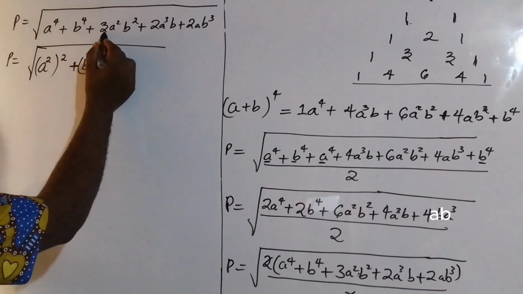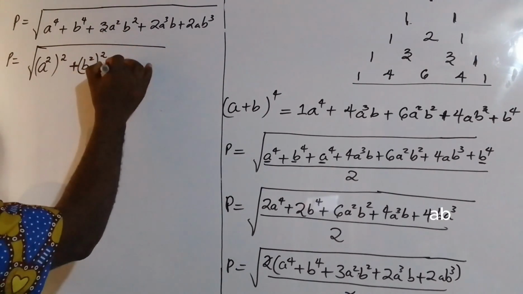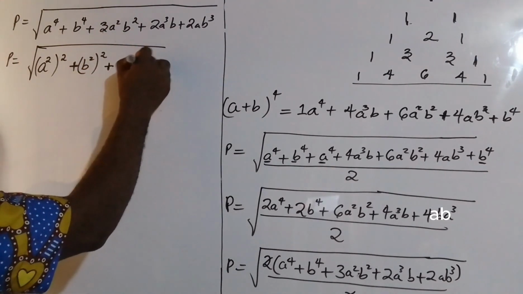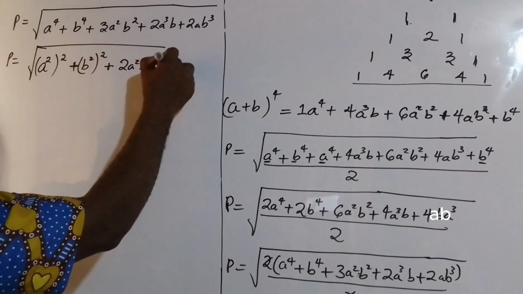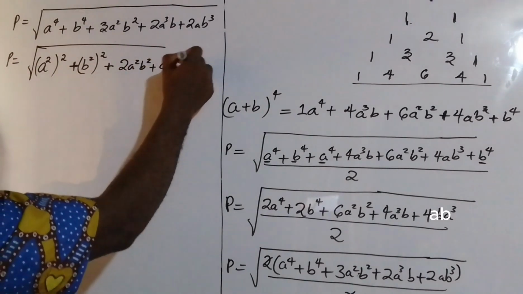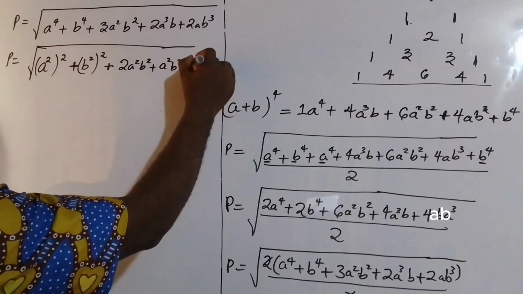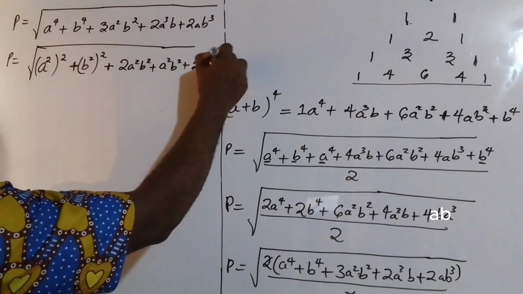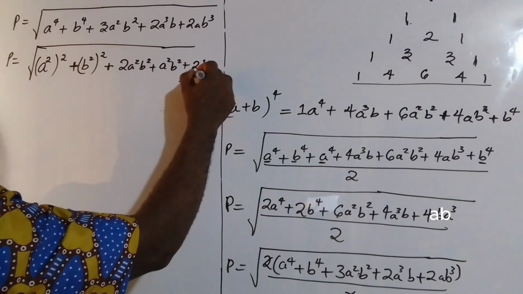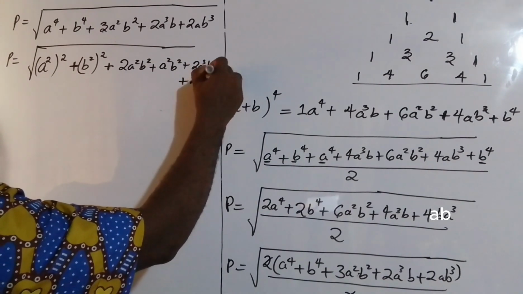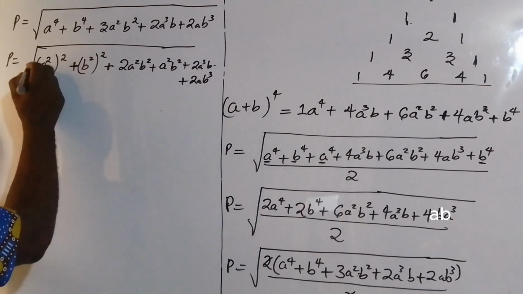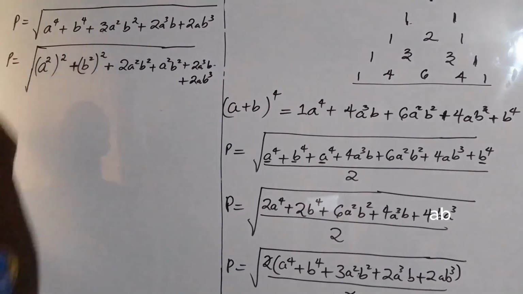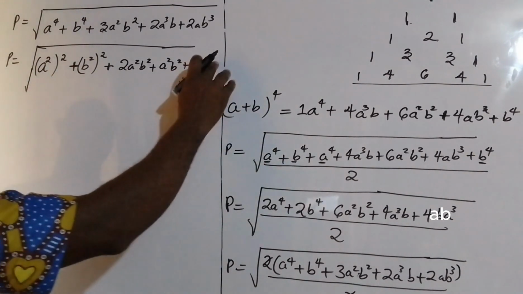And then I'm going to split 3a squared b squared to 2a squared b squared plus a squared b squared. And of course, we have our 2a cubed b plus 2ab cubed. I'm careful to allow this square root sign to cover all of that.